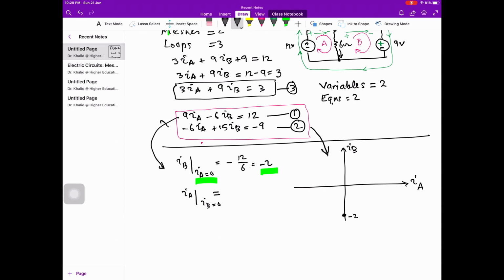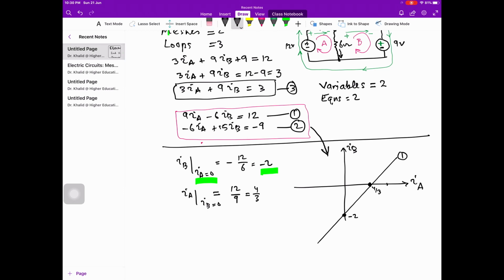In this equation, IA is equal to 12 divided by 9, which is 4 by 3, about 1.33. So IA is 4 by 3. We have got 2 points on both axes, and we can draw a line over here, and this line represents equation number 1. And now equation 2.